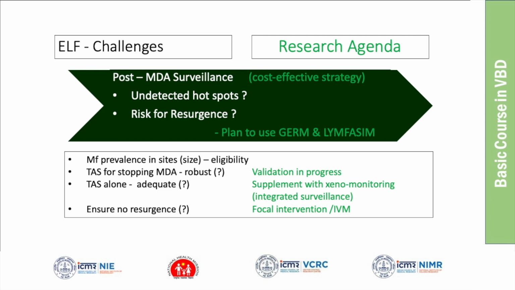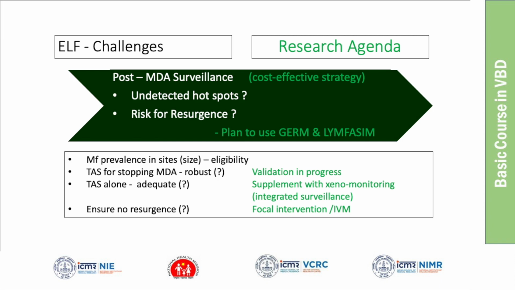Suppose at block level you have a different MF rate, and when you go to the district level, sometimes it gets diluted, and as a result the endemicity level will be low, and you are likely to omit the whole district. But that should not happen. So we have to downsize the implementation and evaluation unit size.